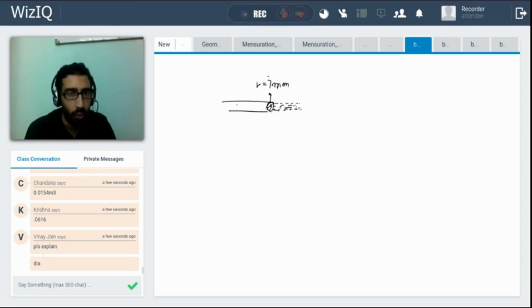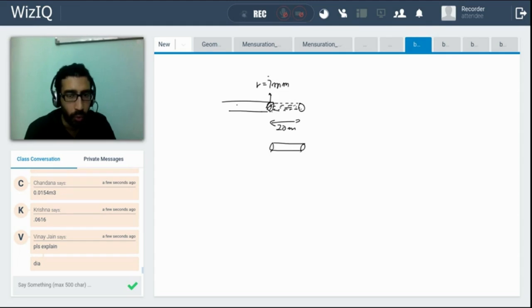So the whole cross section will spit water in 1 minute. So let's say this is 20 meters. In 1 minute, the water that you'll have will essentially be a cylinder like this.